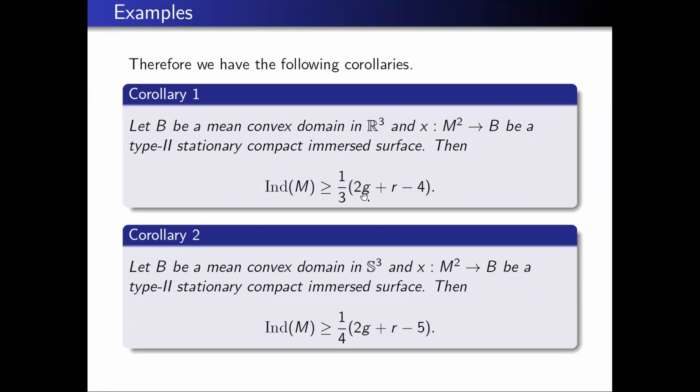Here G is the genus of M, and R is the number of the boundary components of M. And the second example is: let B be a mean convex domain in unit sphere, and X be a type 2 surface. Then we have the Morse index lower bound.